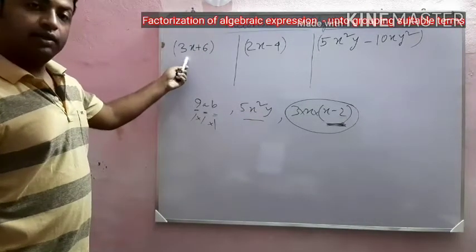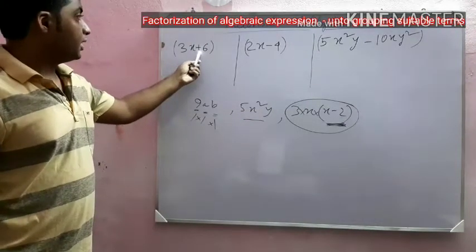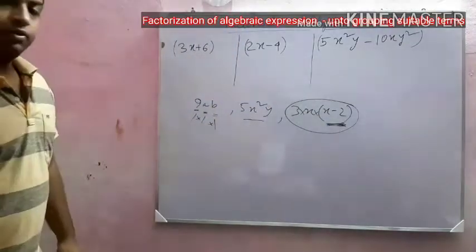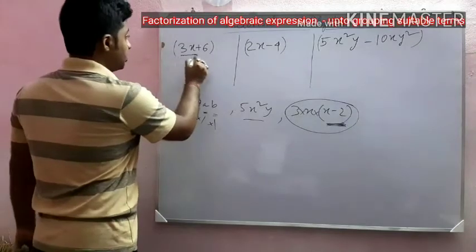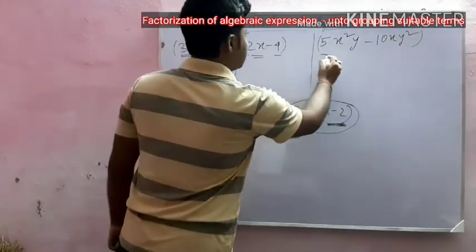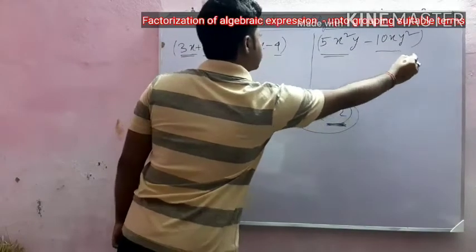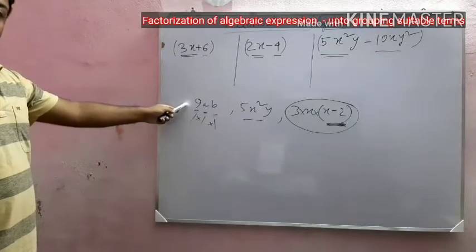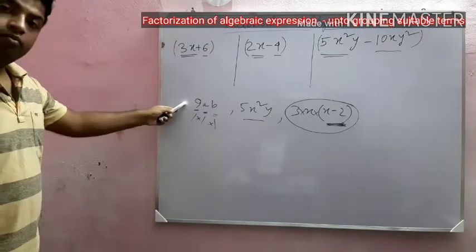Here you can find the difference. There are plus, minus, this kind of signs in between. So there are two terms here: 3x and 6, 2x and 4, 5x square y and 10xy square. For single terms, we call them monomials.